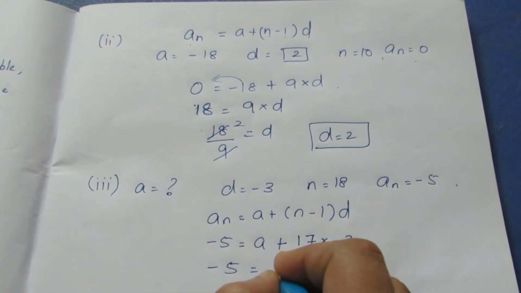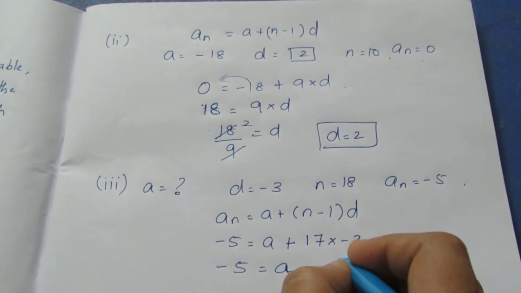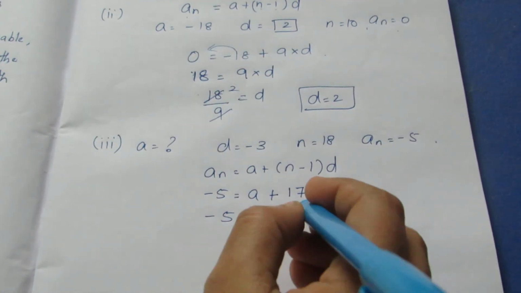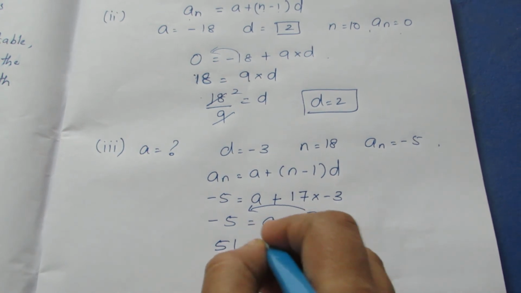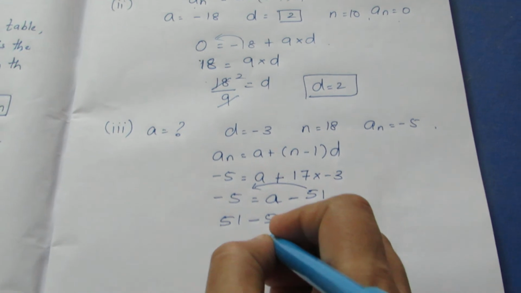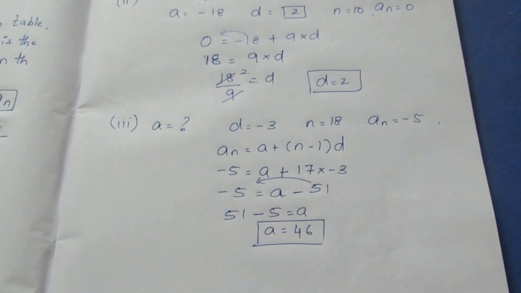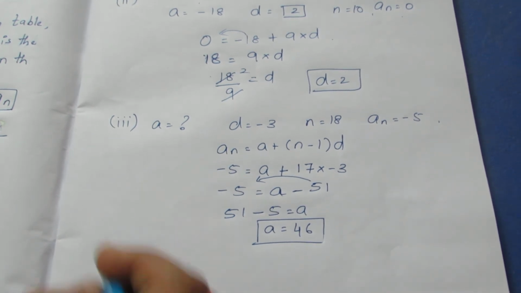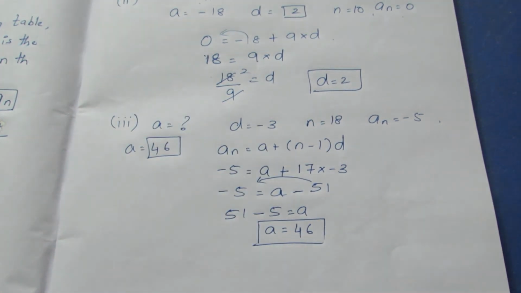Minus 5 is equal to A minus 51. If I bring minus 51 to this side, it becomes plus 51 minus 5 is equal to A. Therefore A will become 46. If we subtract 51 minus 5, we get 46. So A equal to 46 is the answer for the third sum.